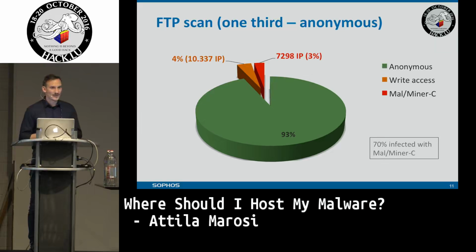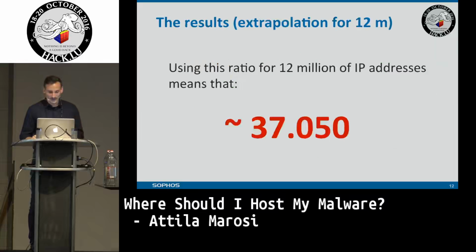That means that if you offer an IP with an FTP service with the ability to write for anyone, it will be written to and used as a host for some malware, backdoors or similar things. So if you let them, they will do it. If you use this ratio for the 12 million, that means that roughly 40,000 IP addresses could be used for this purpose, which is quite a big number, I think.